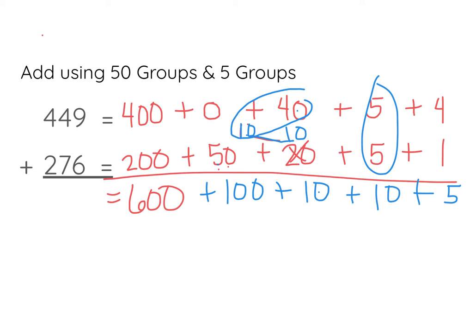Notice if I don't have groups, so if my digits are not bigger than 5, this is not the greatest strategy, but you can make it work just by using break-aparts. So 600 plus 100 equals 700. 10 plus 10 equals 20.